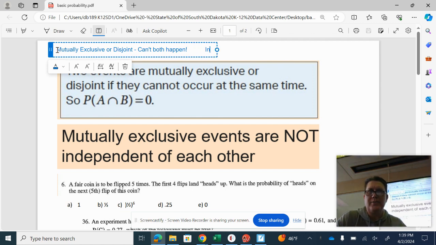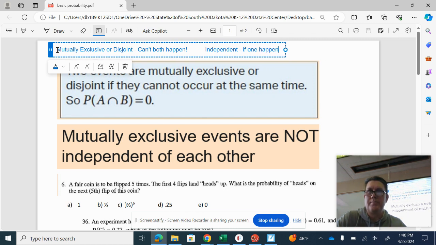Then there's independent. If one happens, it doesn't change the chance for another.